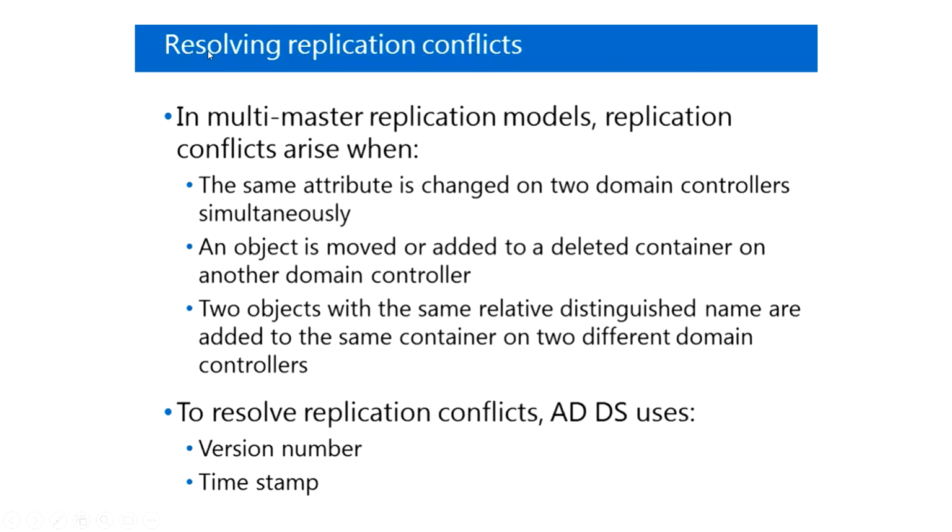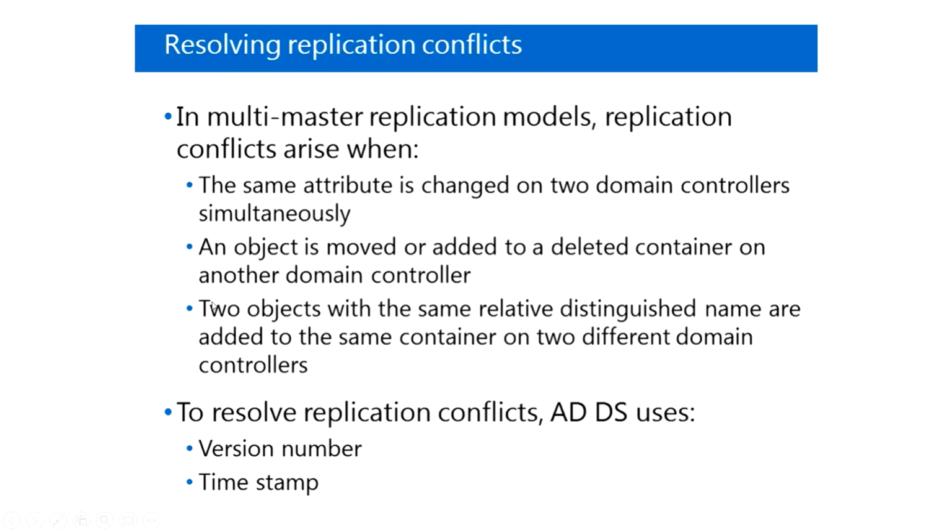So let's see resolving replication conflicts. In the multi-master replication model, that means when multiple domain controllers are involved in the replication, we'll see if any conflict comes up. So the same attribute is changed on two domain controllers simultaneously. If there are two persons in the company, each logging into a different domain controller and making attribute changes, then a conflict will arise.